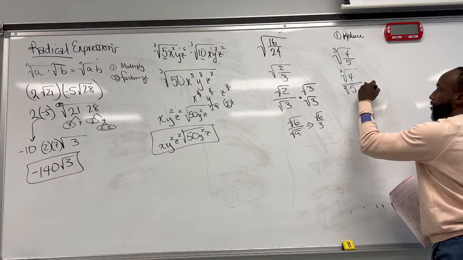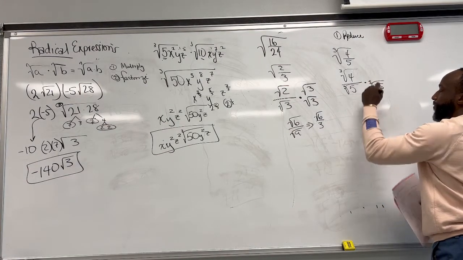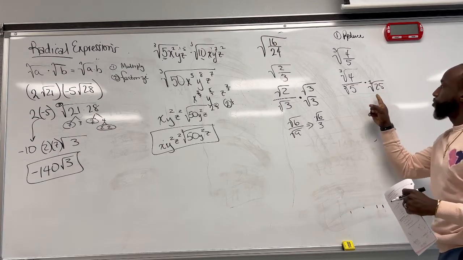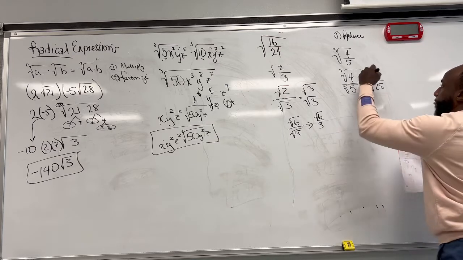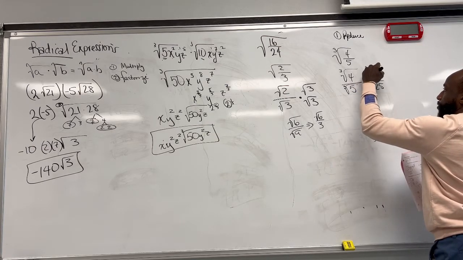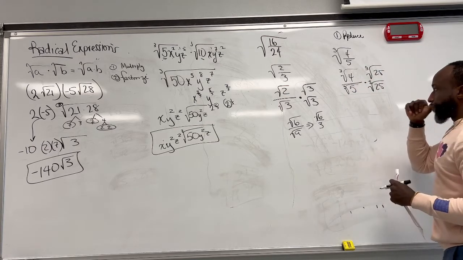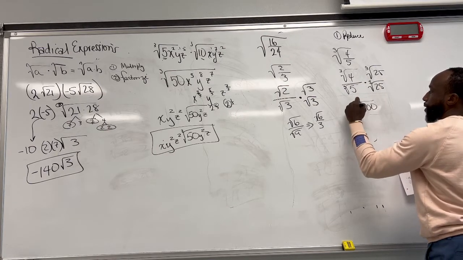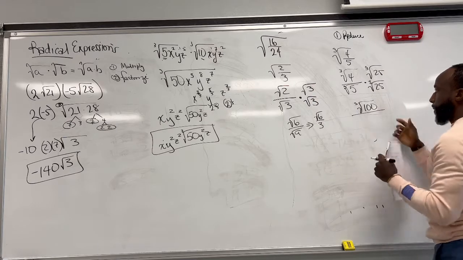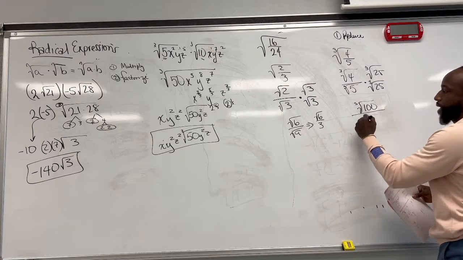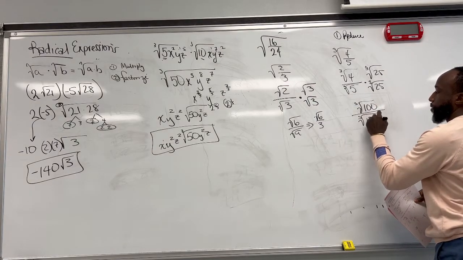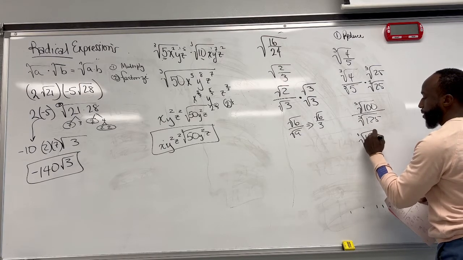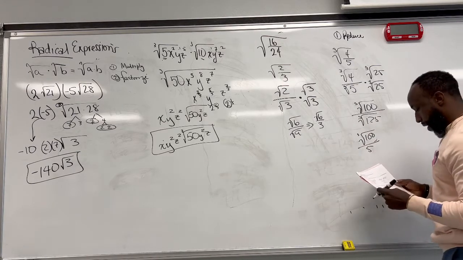So we're going to take the cube root of 25 because we need 3 of these. 25 is 5 times 5, so you've got 1, 2, 3 fives. And whatever we do at the bottom, we have to do at the top. So that's going to be the cube root of 100 over the cube root of 125, which is also 5. So it'll be the cube root of 100 over 5.